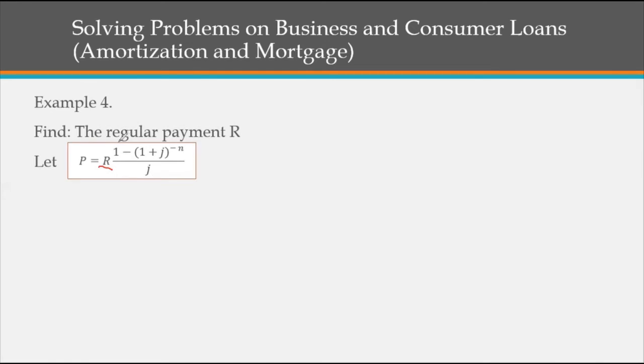Ibig sabihin itong portion ng ratio ay i-cross product natin with the principal P or magiging denominator siya, itong P. Itong buong quantity na to, mata-transfer sa denominator ng P para makuha natin yung letter R.